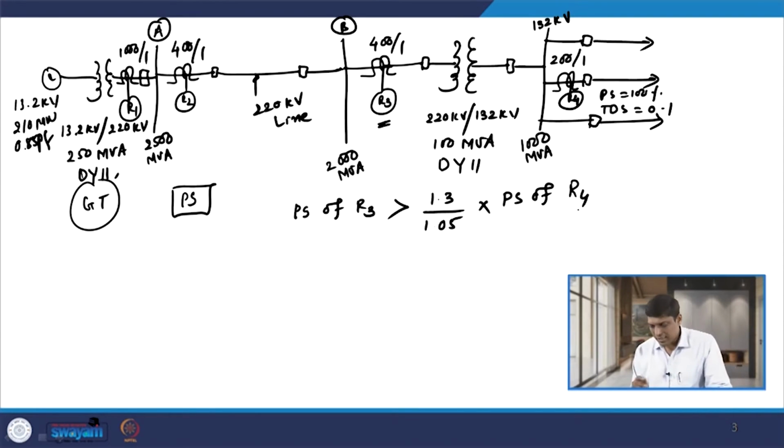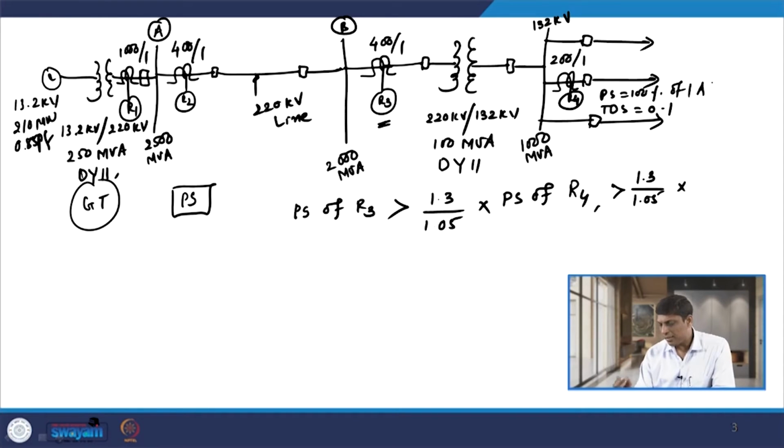The plug setting of relay R4 is given as 100% of 1 ampere, that is the relay rated current. If I consider it based on the primary value, then it is 100% of 200 ampere. So, it is 200 ampere.